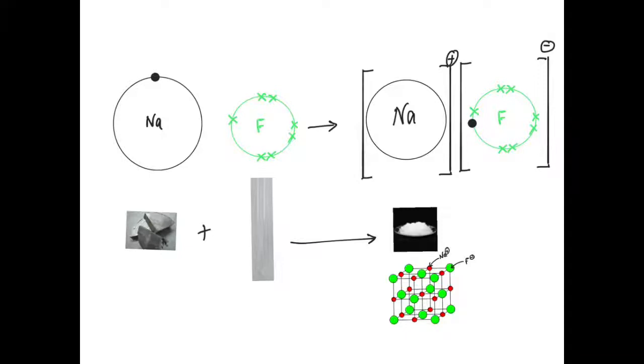If you take a lump of sodium and react it with fluorine gas, you'll end up with sodium fluoride, which is a white compound, and it forms a lattice structure with alternating fluoride and sodium ions.